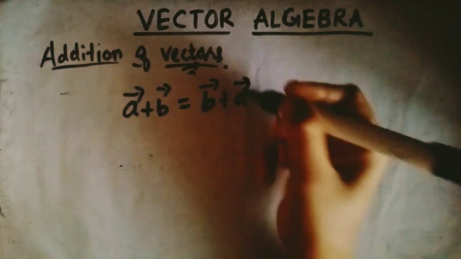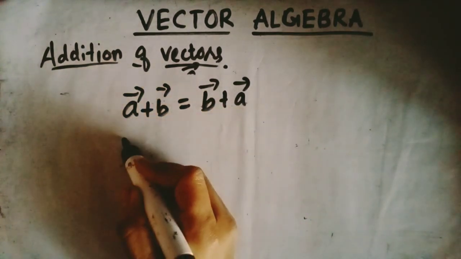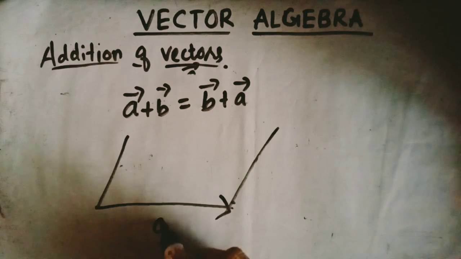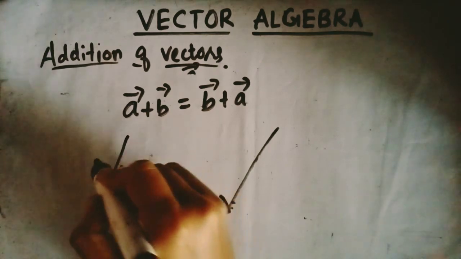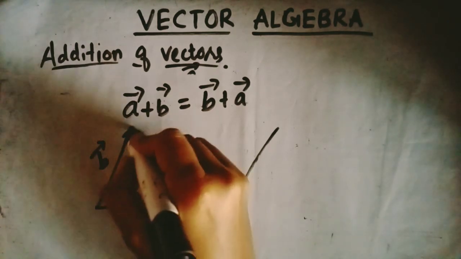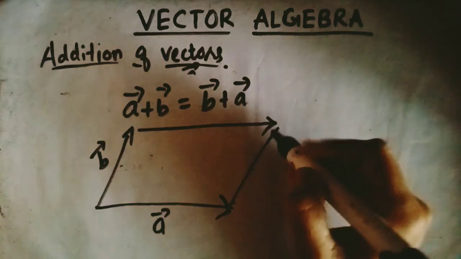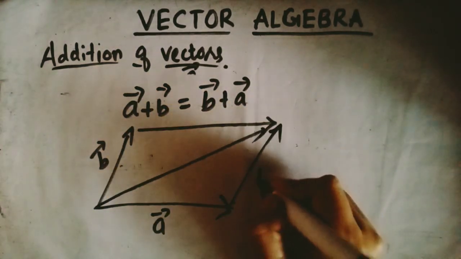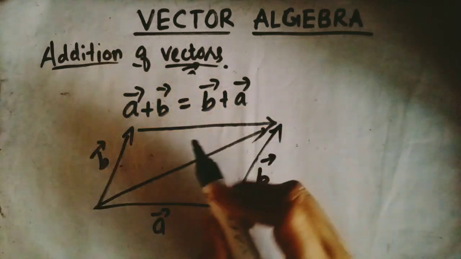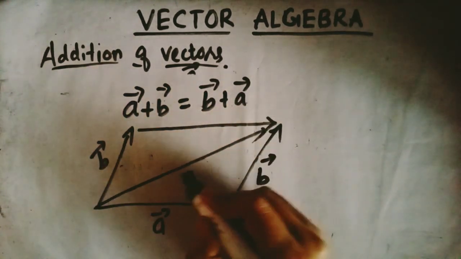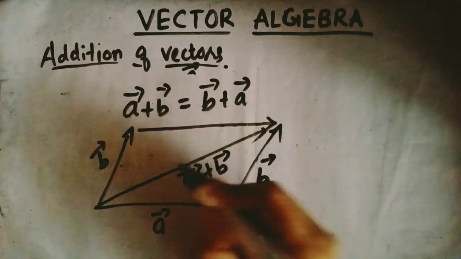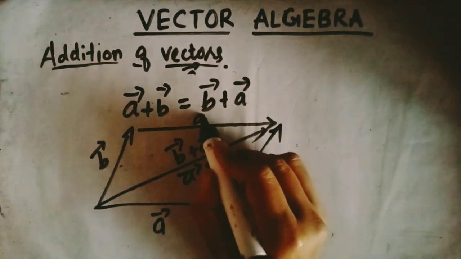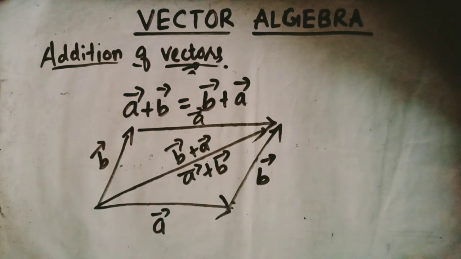That is, if you draw the same figure which I have drawn for parallelogram law of vector addition, so this is a plus b, which is same as b plus a, right? So it is commutative.